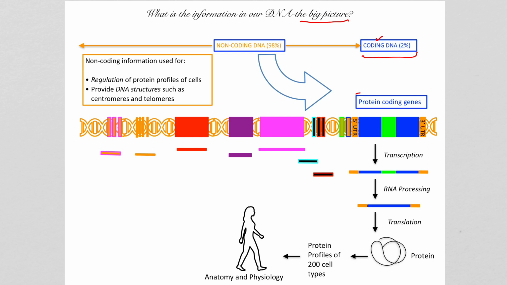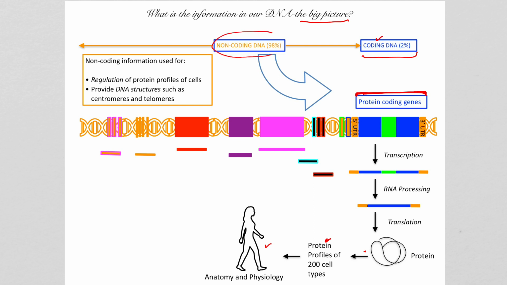This is the DNA that contains information to make the primary structure of the protein. So the protein coding genes, this information is eventually made into proteins, and that forms the protein profiles of the 200 cell types, which give us our anatomy and our physiology.